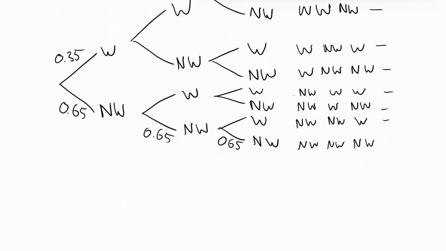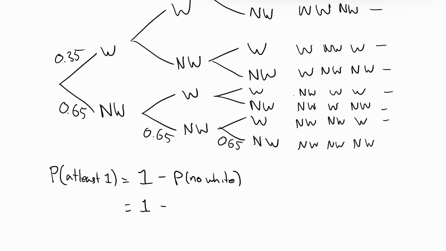So the probability of at least one is going to be 1 take away the probability of no whites, no white kittens.